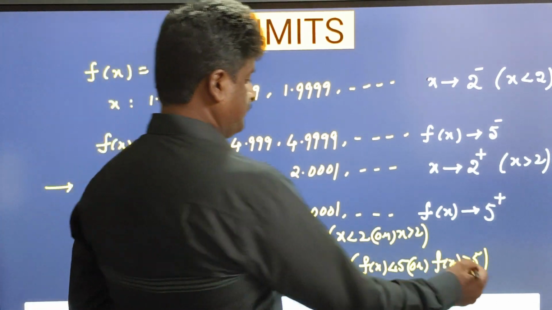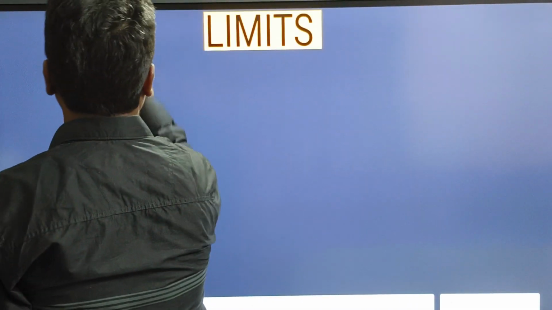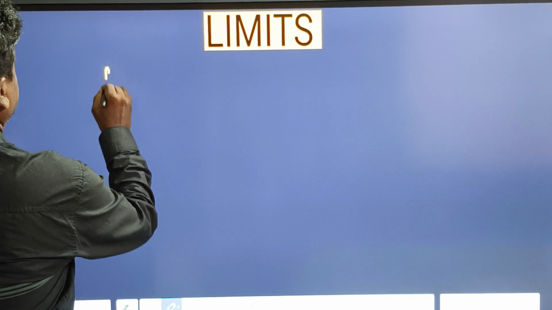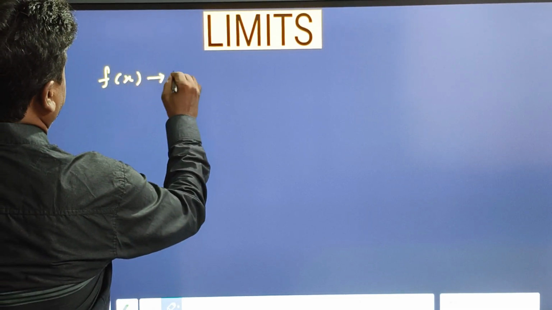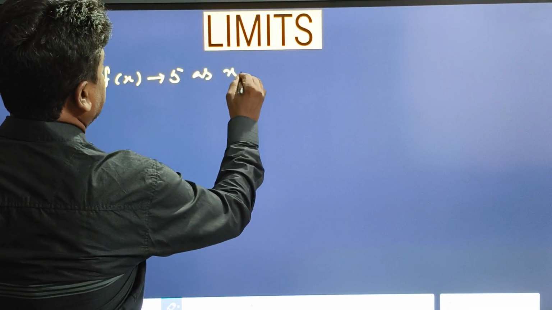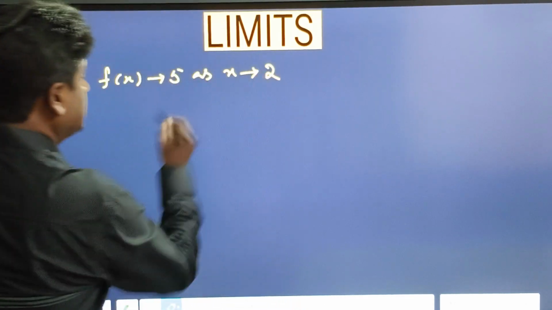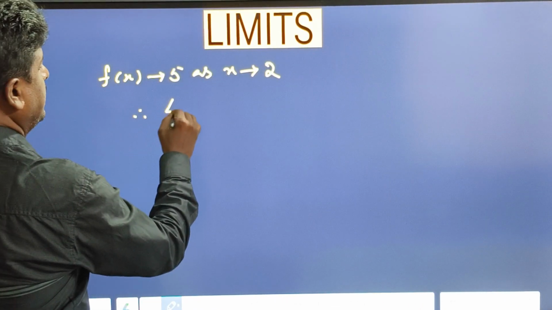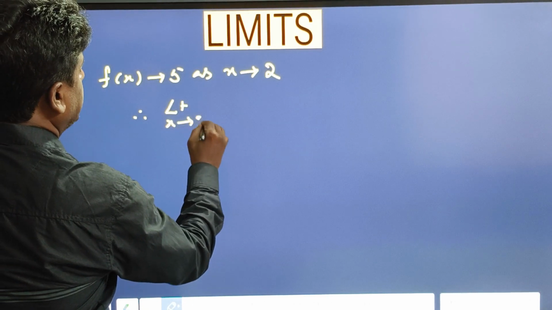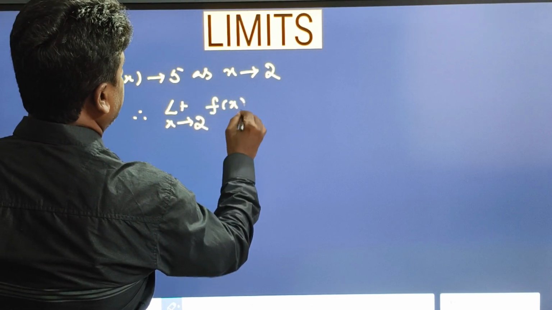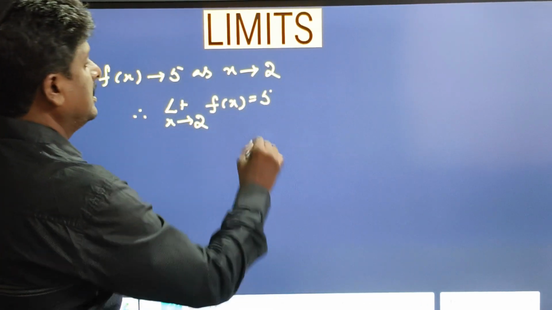But whenever f of x tends to 5 as x tends to 2, this situation is denoted by limit x tends to 2, f of x is equals to 5.